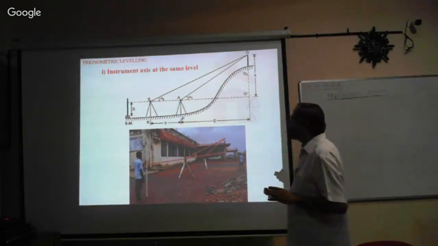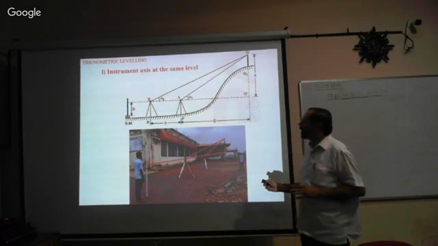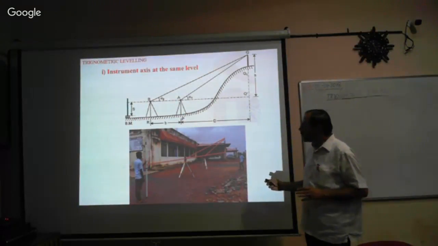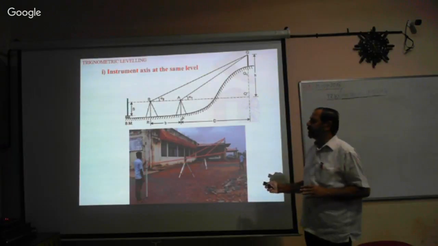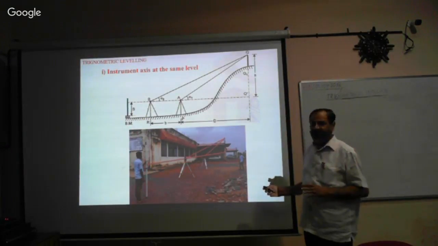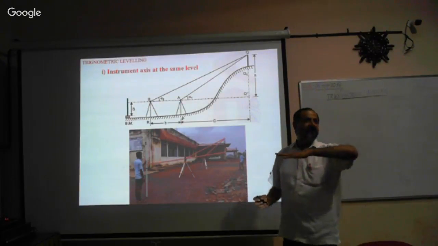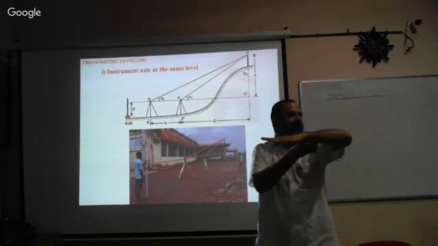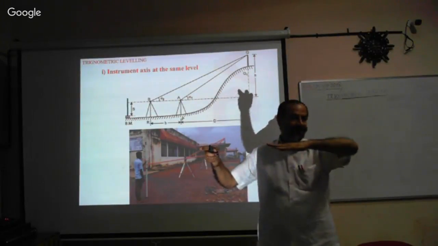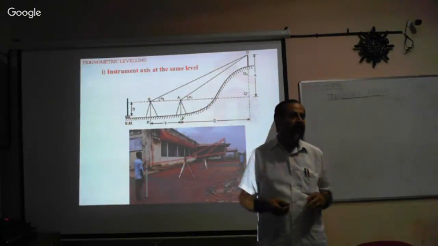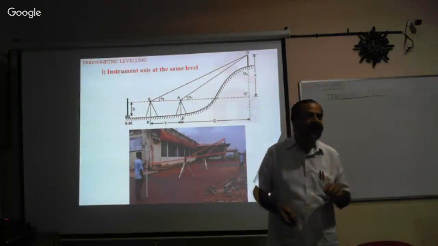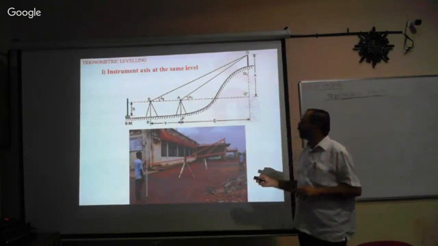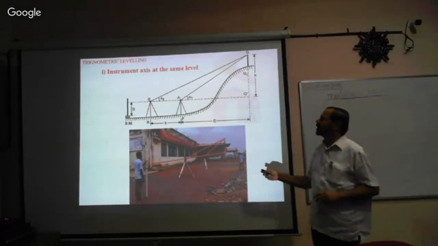Therefore, please note here the instrument axis of instrument station 1 and instrument station 2 are lying in the same line. We have only four data because S is the same in both the cases.